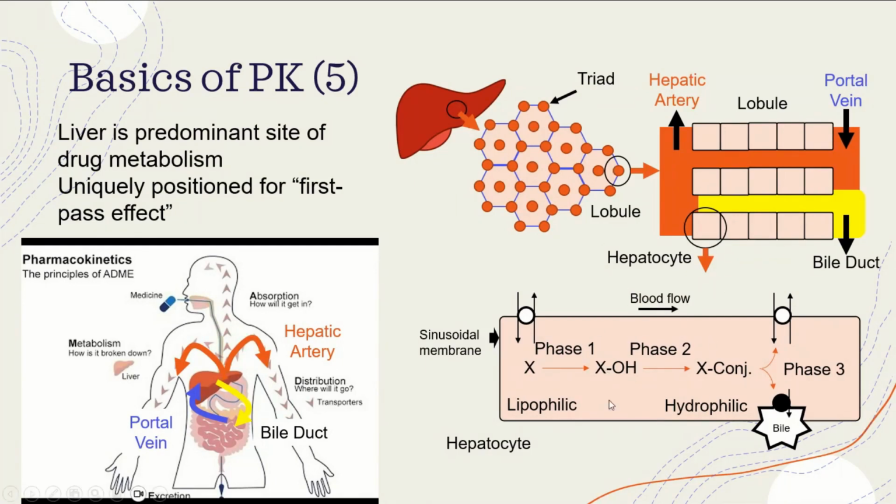So the hepatocyte is the major cell type of the liver that has a wide variety of different drug metabolism enzymes of phase 1, phase 2, and phase 3. And now we can create these metabolites, pump them into the hepatic artery to go to the kidney for excretion, or pump them into the bile duct to go into the feces for excretion. So we're going to be focusing mainly on these liver systems that are involved in drug metabolism.